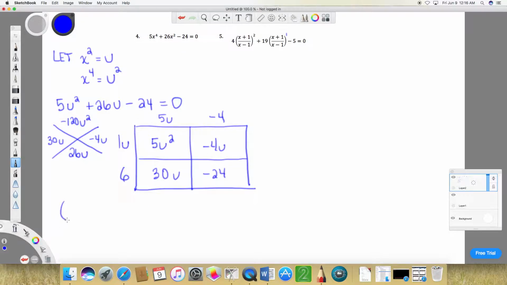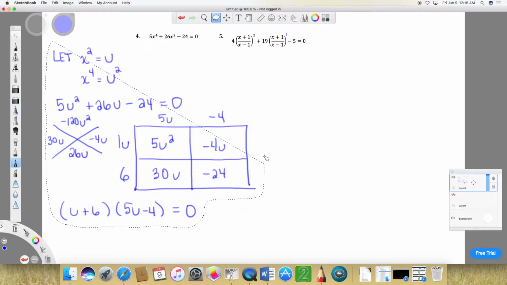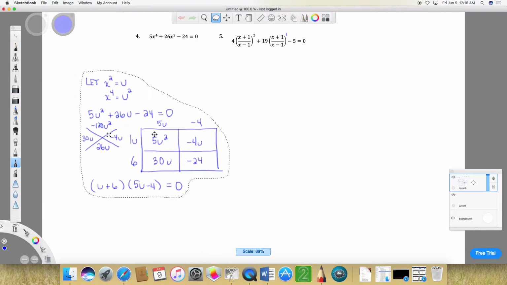So that allows me to rewrite this trinomial as u plus 6 times 5u minus 4. So it becomes pretty easy to see what the solutions are to this quadratic, really by inspection.